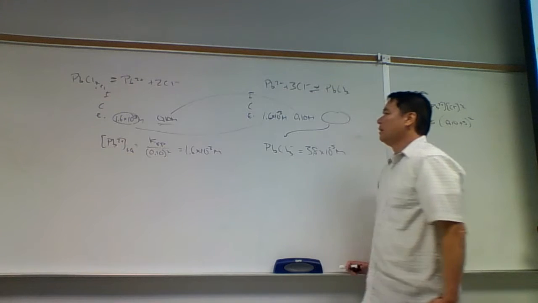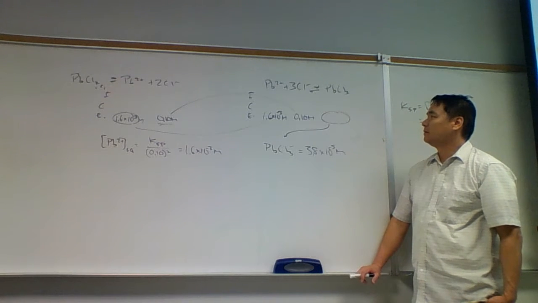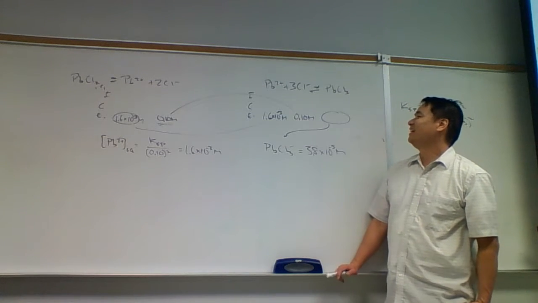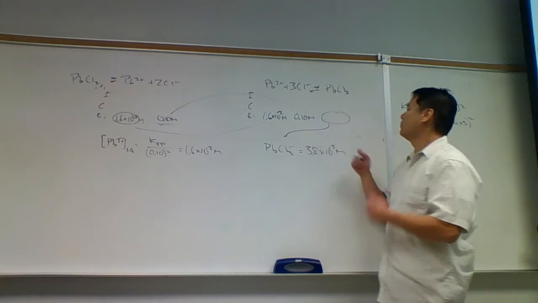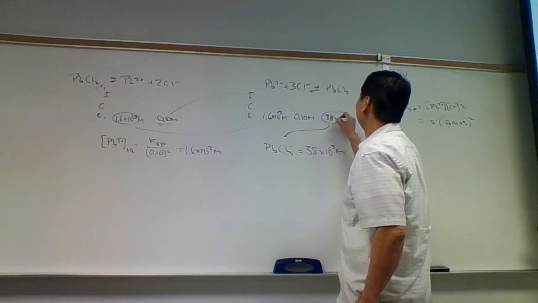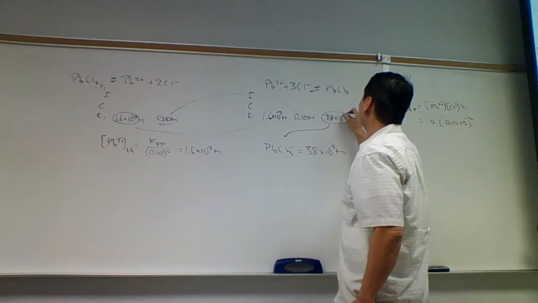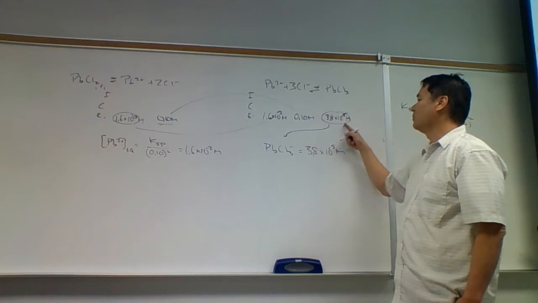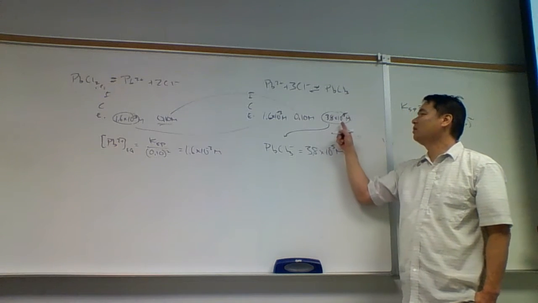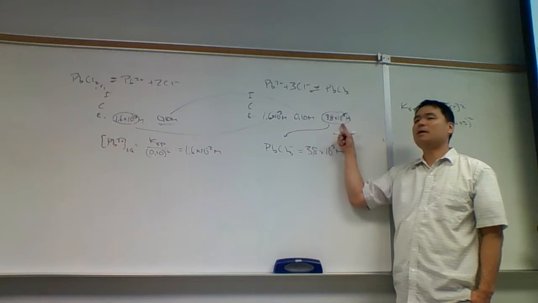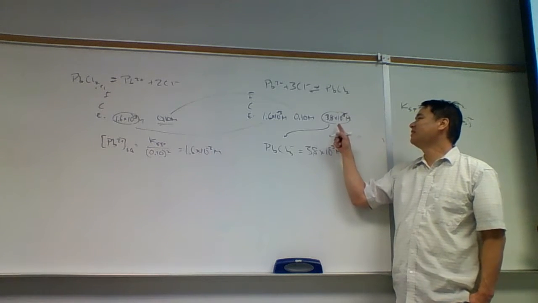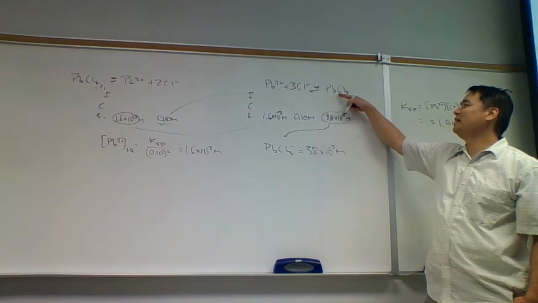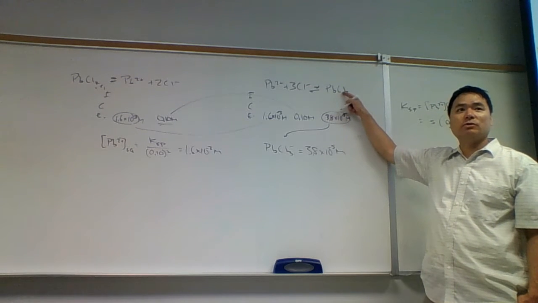But there's a question about this. Wait a minute. If this is 3.8 times 10 to the minus 5, I have a couple of issues with that. If this is 3.8 times 10 to the minus 5 molar, where did the chloride for this come from? Because for every one of these, I need 3 chlorides to attach to it.